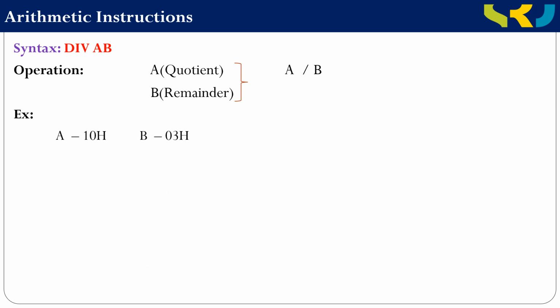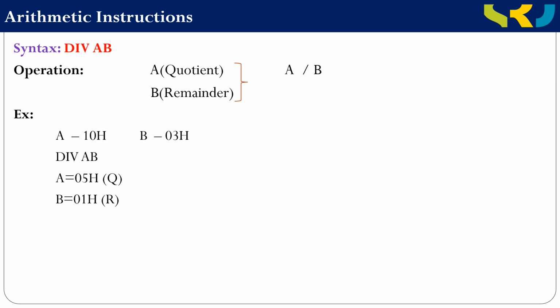Here I considered A equal to 10H and B equal to 03H. Before execution, the A and B registers have these values, but after execution we are getting A having 5, this is the quotient, and the remainder is 1. So here 10H means 16.